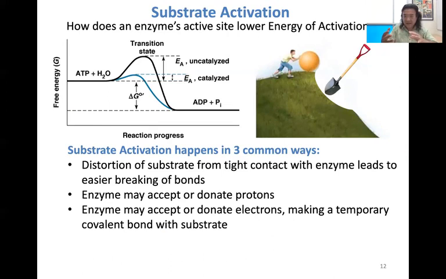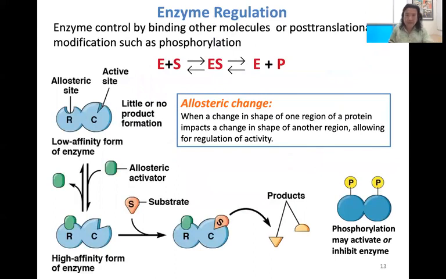Or enzymes might donate or accept protons to change the shape of a substrate, or enzymes may accept or donate electrons, maybe forming a bond temporarily with the substrate as part of changing the shape and facilitating the substrate to undergo the desired reaction. Okay. So enzymes then can be regulated.